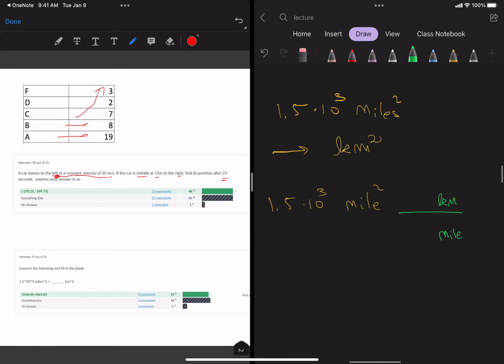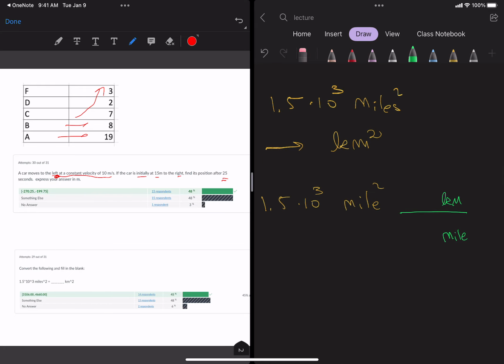So again, I'll let you try to get the answer. I'm just going to kind of guide you through here. So let's just say that you'll have to find the conversion yourself between miles and kilometers. So for example, 1 mile is going to equal some amount of kilometers, and you'll have to find that.